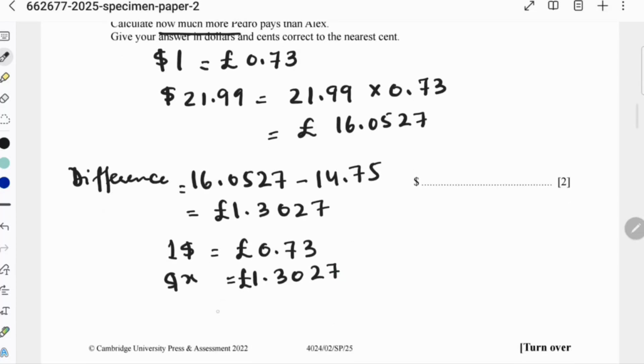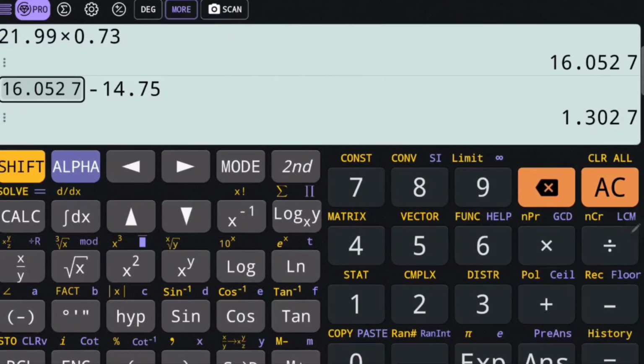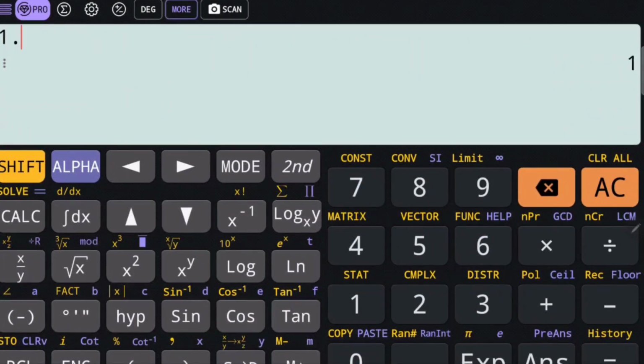Whenever you do cross multiply, it will become 1.3027 divided by 0.73.